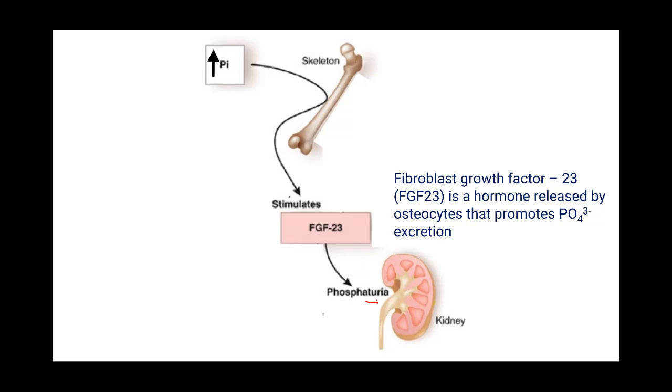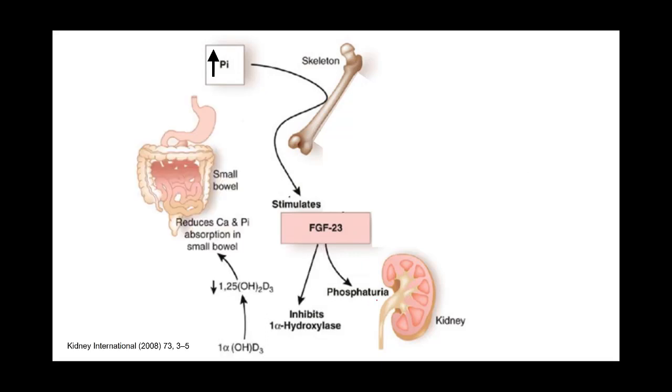So this is how high phosphorus levels in the blood are able to be regulated by FGF23 by its action on the kidneys. The FGF23 also has another action, that is, it inhibits 1-alpha hydroxylase, which we discussed is the last step in the activation of vitamin D. And so if you have less 1,25 dihydroxyvitamin D3, there's less calcium and phosphorus reabsorption in the gut, and that again brings phosphorus levels back to normal.